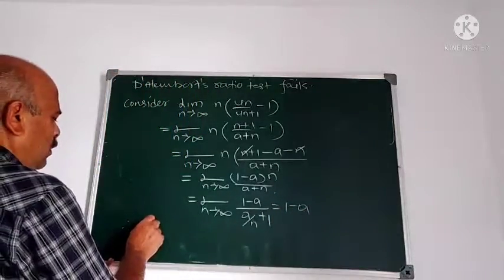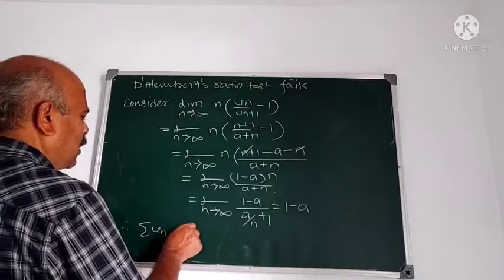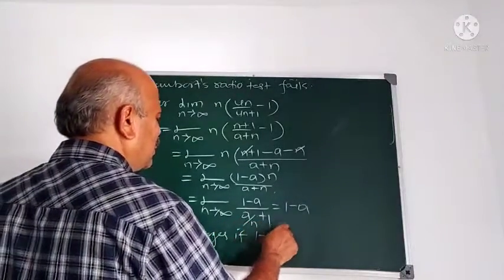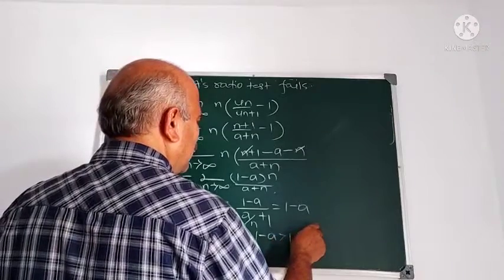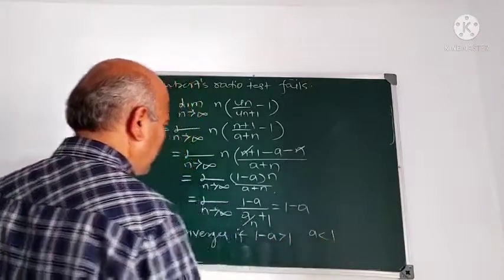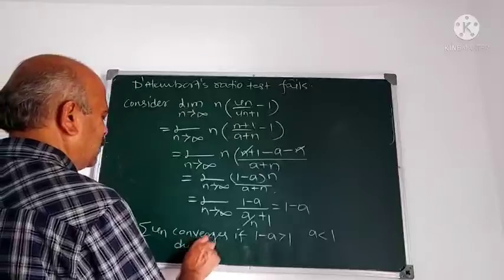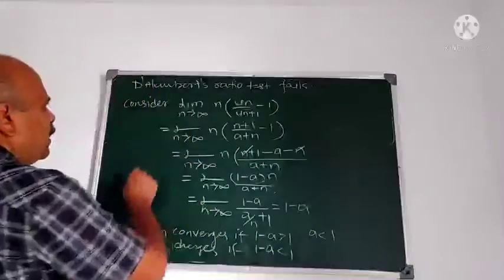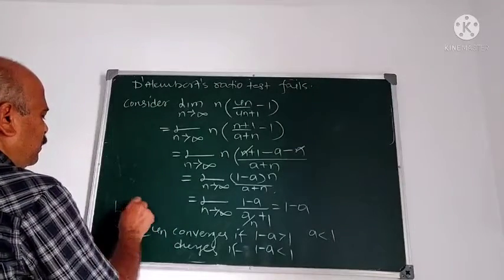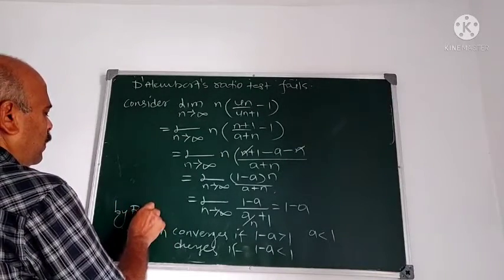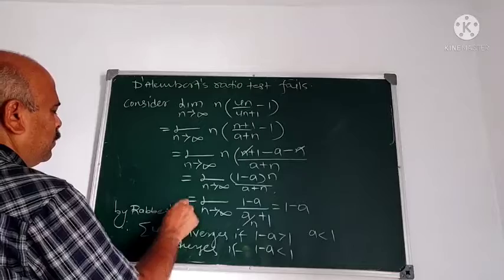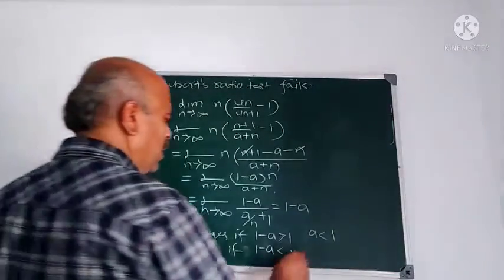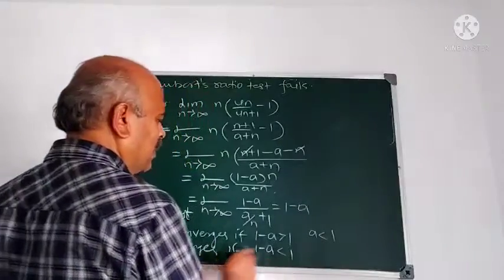Therefore sigma un converges if 1 minus a is greater than 1, that is a is less than 1. Diverges if 1 minus a is less than 1. This is by Raabe's test. 1 minus a less than 1, given series diverges.